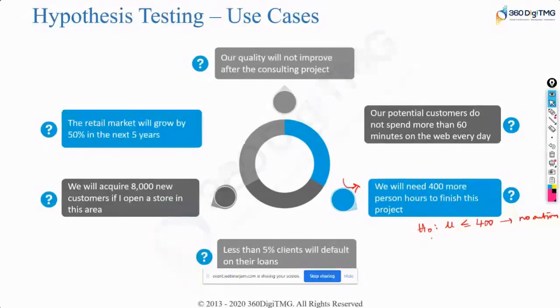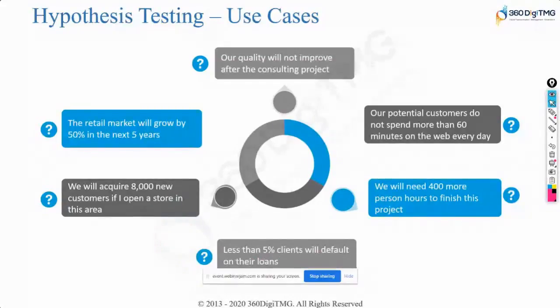Simple. You will not give the approval to take more people. Alternate hypothesis: if it requires greater than 400 person hours, then yes, take action. Very easy statements, right? If you understand the business problems, making the statements is very easy.